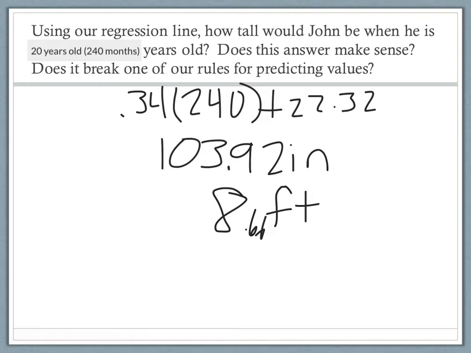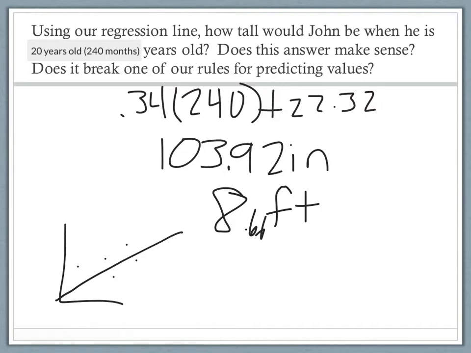Okay, now let's think about that. Does that answer make sense? Does it make sense for a 20-year-old to be 8 foot 6? That doesn't really make a lot of sense. The reason is because we're talking about a regression line. Here's my scatter plot, right? What's the problem with using this line to predict if we're talking about heights?